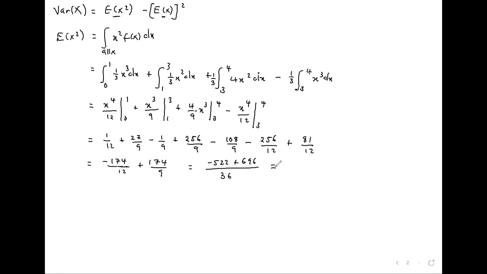So this minus 4 times 2, you get 174 over 36. Divided by 36, and coming out in decimal, 4.83. That is our variance.